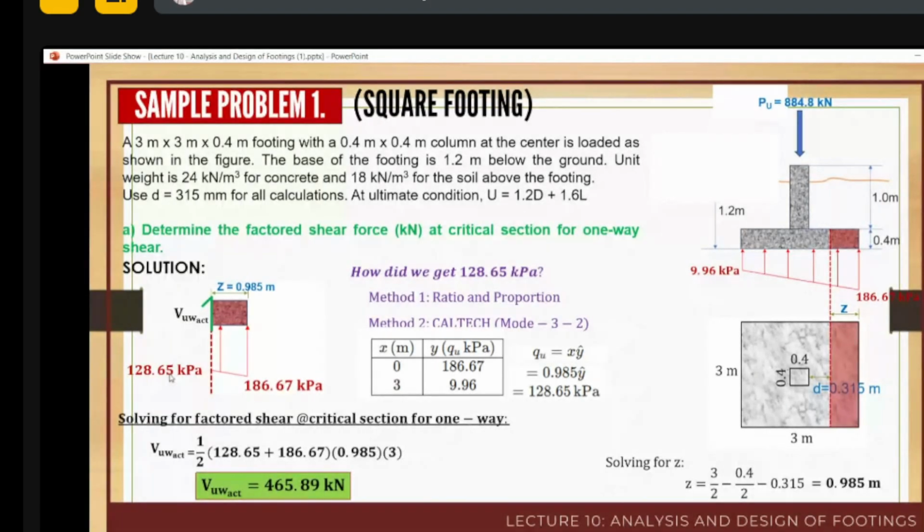To solve for the trapezoidal area, we can use ratio and proportion, or you can use Casio calculator. By ratio and proportion, you can simply make similar triangles.